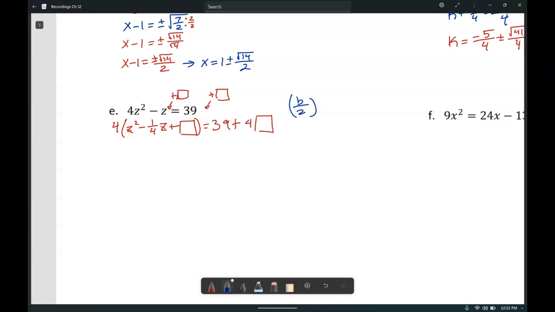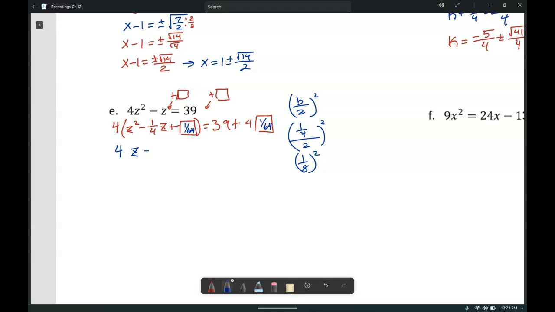Our b value is 1/4. So 1/4 divided by 2 is 1/8 squared. So 1/64 goes in both boxes. We can factor now.